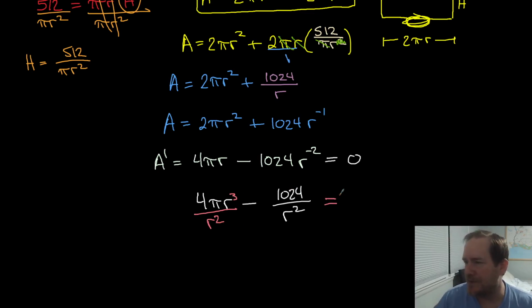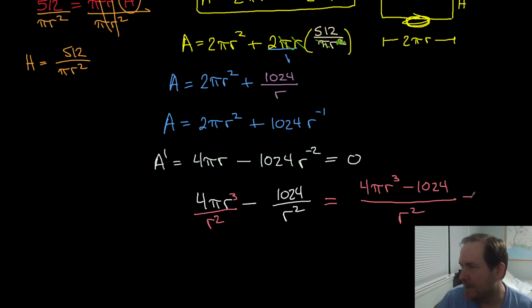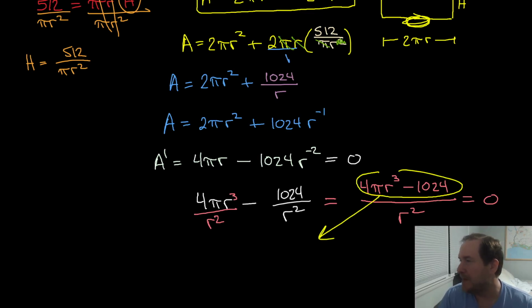So that gets me 4 pi r cubed minus 1024 over r squared, which equals 0. And again, I would want to grab this numerator, set that equal to 0, and see what solutions it brings. Then I'd want to grab my denominator, set that equal to 0, and see what solutions it brings.